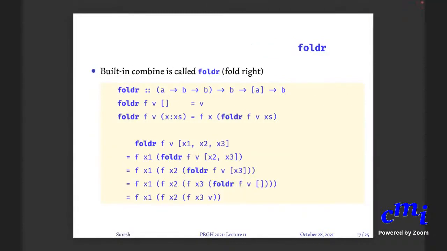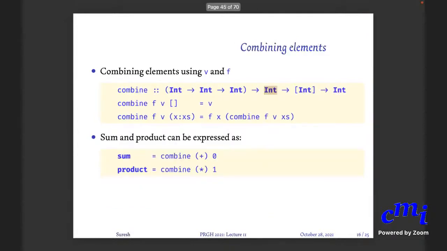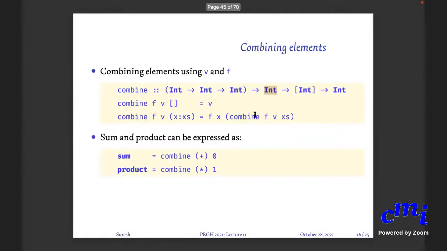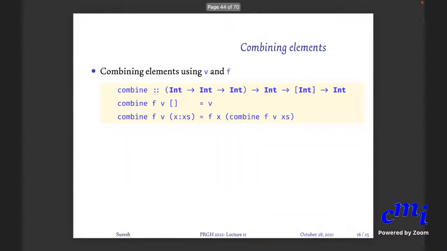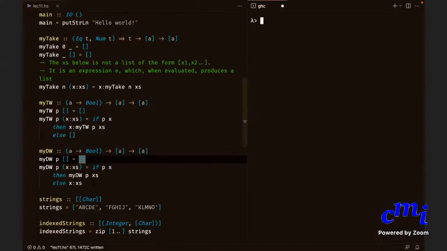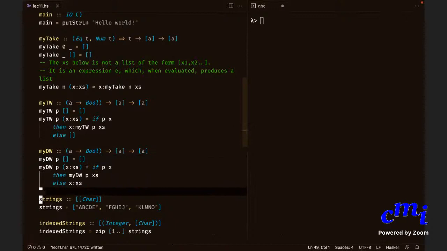Okay, here is an example. You don't need to define your own combine. It's a built-in function called foldr. Foldr means fold from the right, because you first do the recursive case to the right. If you come back here, it's fold right because you're parenthesizing towards your right.